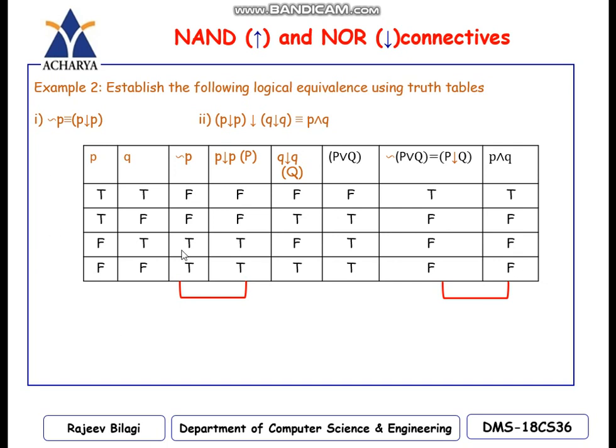Now again, to prove logical equivalence, one more thing you can add: a biconditional of these two, which should be a tautology, because biconditional means if both the values are the same, then it is true. So with this you will get a tautology, with this also you will get a tautology. So this is how you are going to prove logical equivalence.